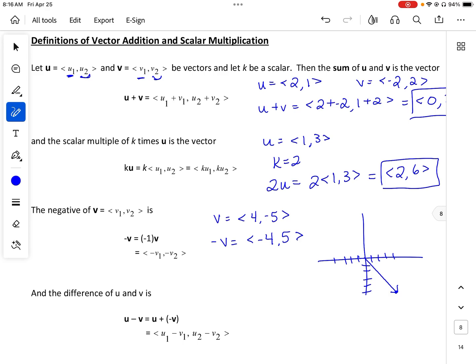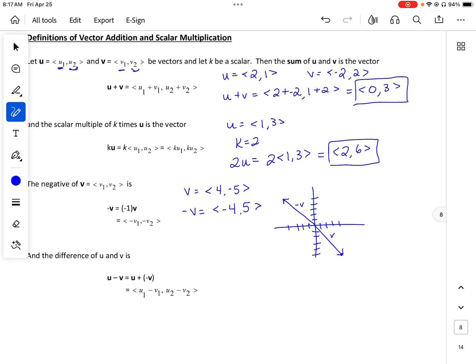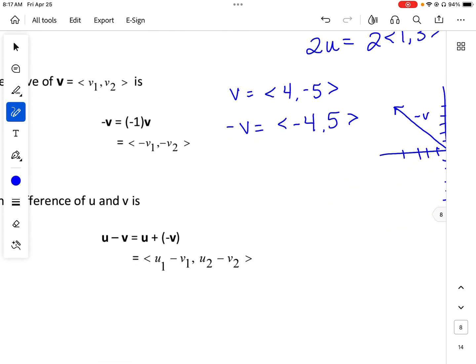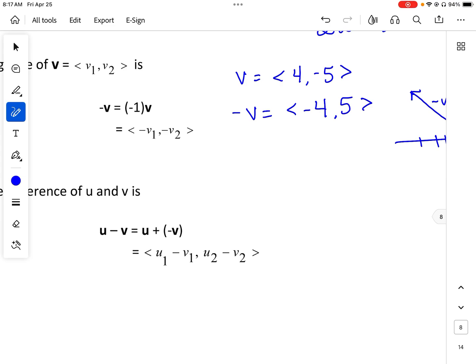So 1, 2, 3, 4, negative 1, 2, 3, 4, 5. Okay, and then negative v would be 1, 2, 3, 4, up 1, 2, 3, 4, 5. So this is negative v, and this is v.